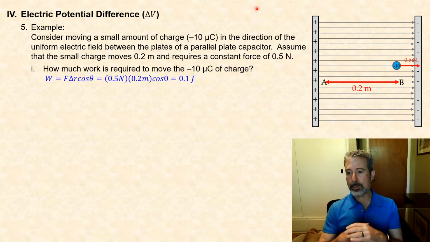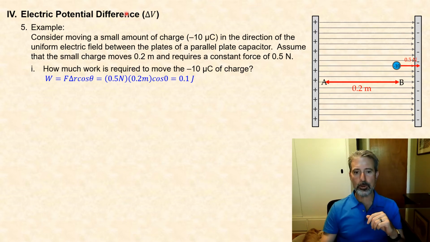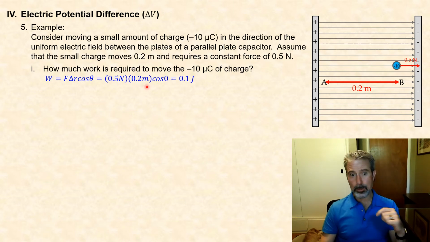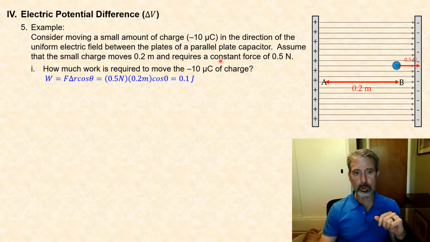So using our definition of the work done by a constant force, applied force of 0.5 newtons, magnitude of the displacement, which is just the distance in this case of 0.2 meters, and because that applied force is in the direction of the displacement, we're taking the cosine of 0. So we have to do an amount of work on the charge of 0.1 joules.